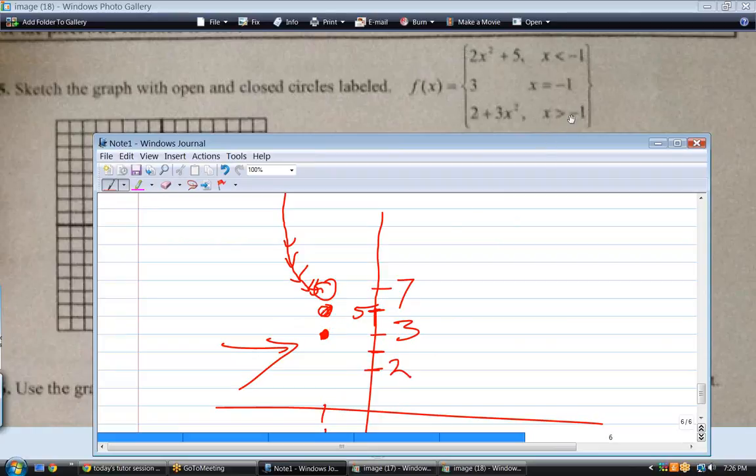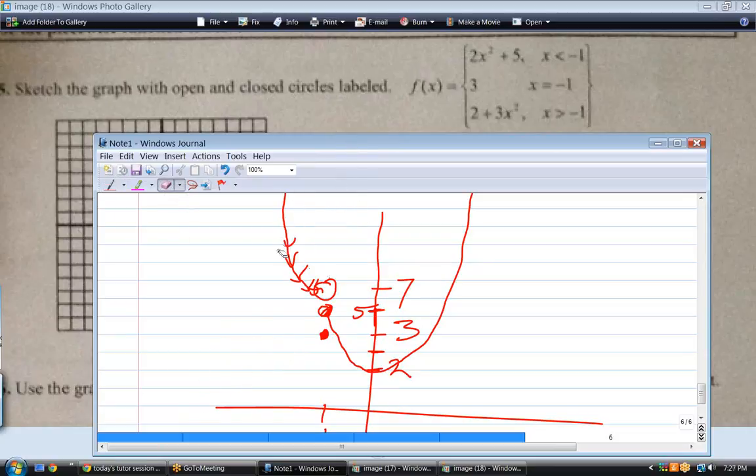At negative 1, it's 5, and it goes through 2. So that's what the graph looks like. Open circle, closed circle. This is an excellent illustration as to how to do limits.